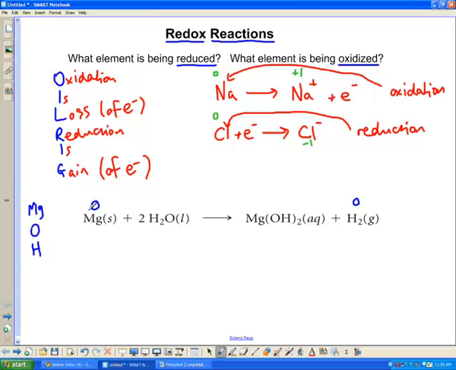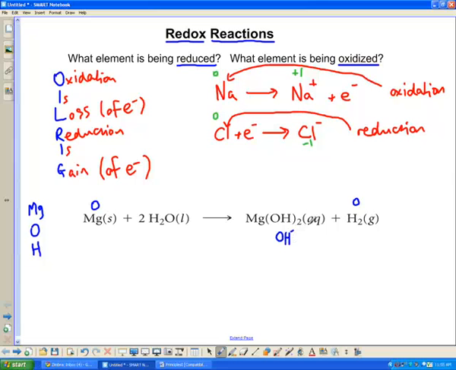So we have the oxidation state for the magnesium. Alright, so let's try and figure out the oxidation state of the magnesium here. Well, OH minus is a polyatomic ion. That's called hydroxide, OH minus.